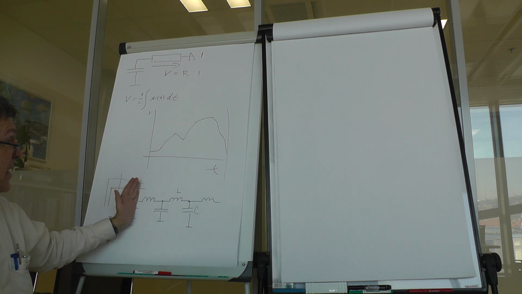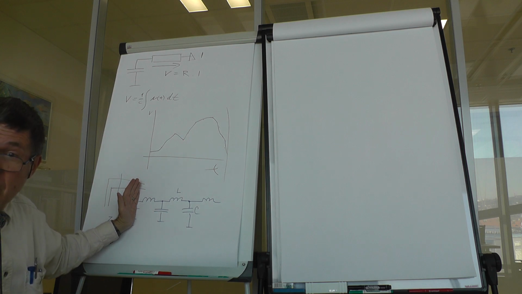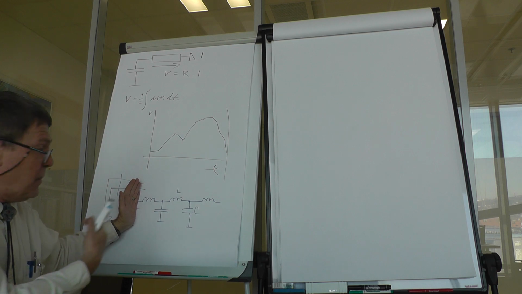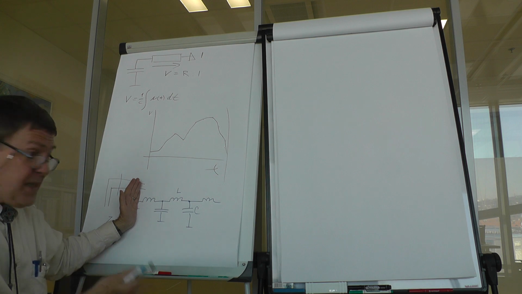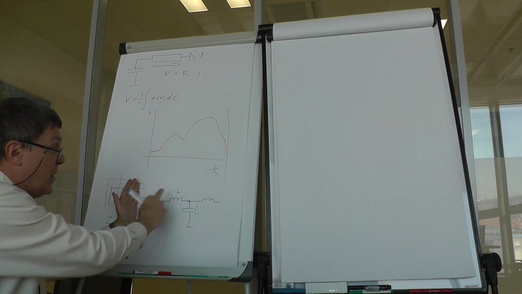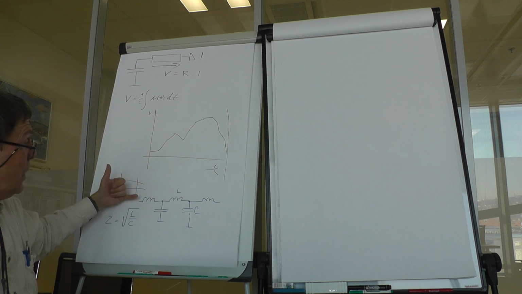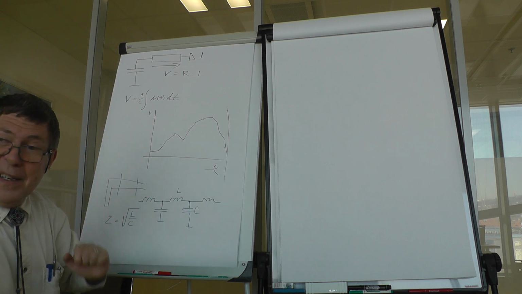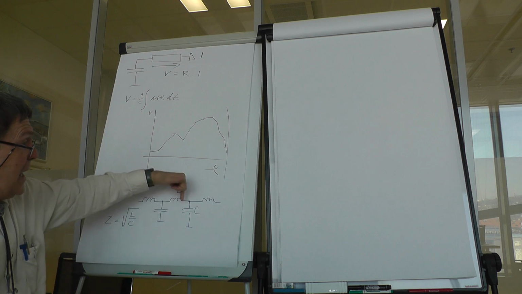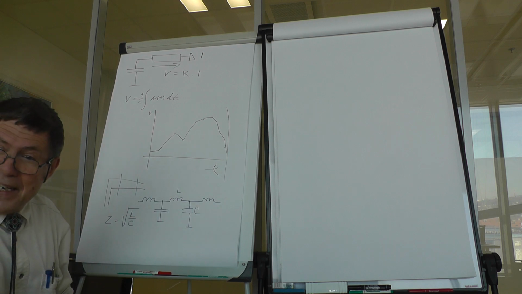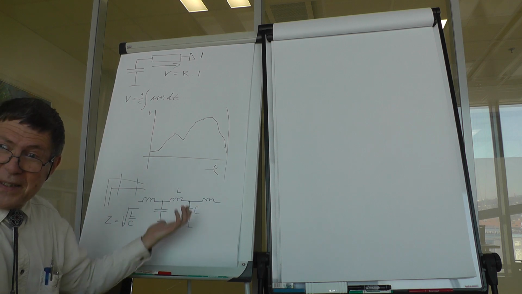If you decide to have a fifth-order low-pass circuit, for example a Butterworth, this is what you will realize in circuit theory. A ladder structure with inductors in this way and capacitors shunting each node between inductors in this way.